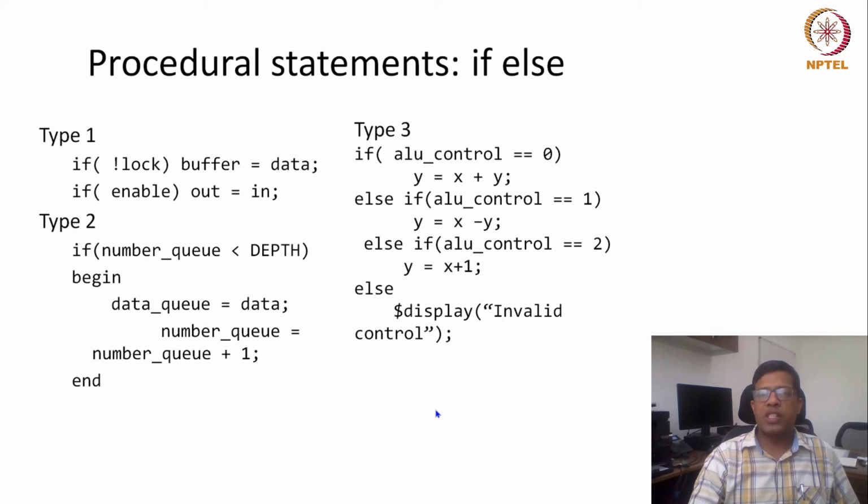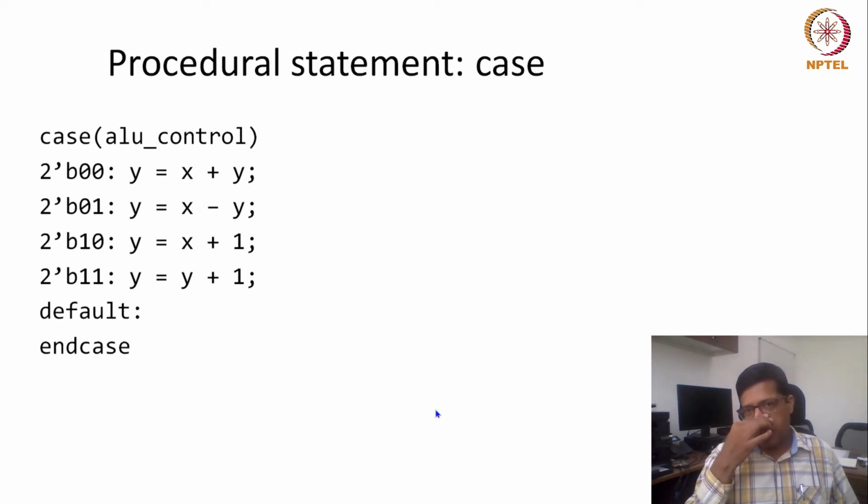So these are about if else conditions, and sometimes we would also like to have multiple way branches. In multiple way branches, we can use case statements. Case statements are also similar to our C statement. We have to write case and then the variable which is controlling. Whatever variable name we write, there would then be case items.